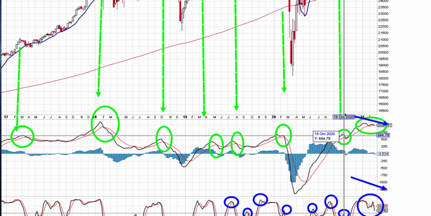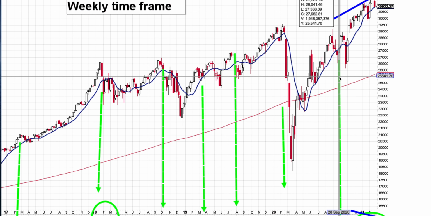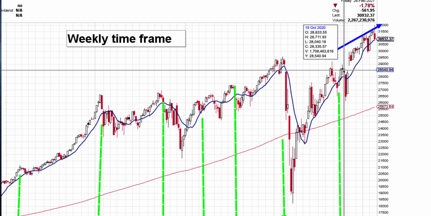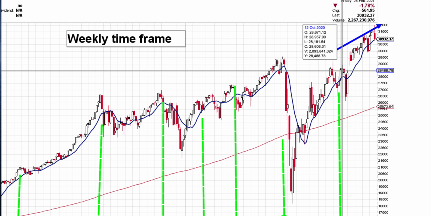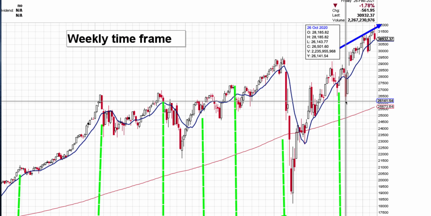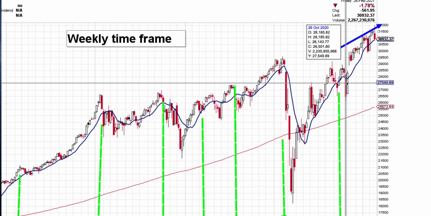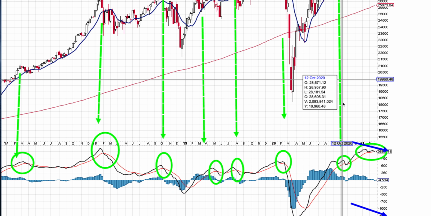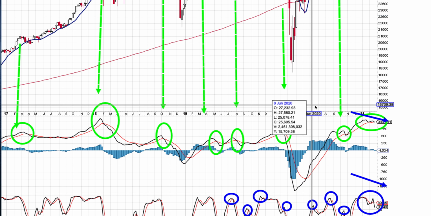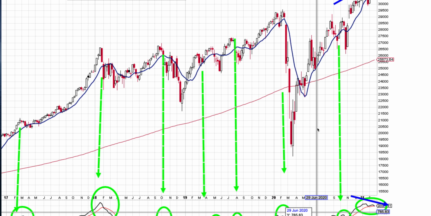Last time, before the Biden victory, it went down from the signal at say 20,600 till the low was almost 26,500. So almost 10% that signal gave us right here. Okay. Same thing almost every time.